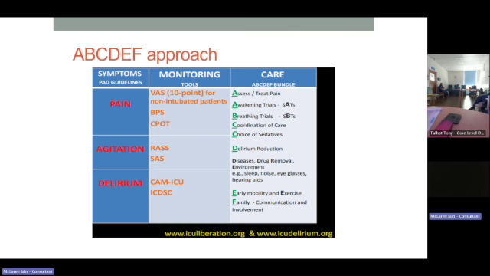Do they know what time it is? Early mobilization is really important, and exercise. And probably the real key to a lot of this is the family, and having the family involved in the patient's care. It also helps with that transition from ICU to the ward to home.